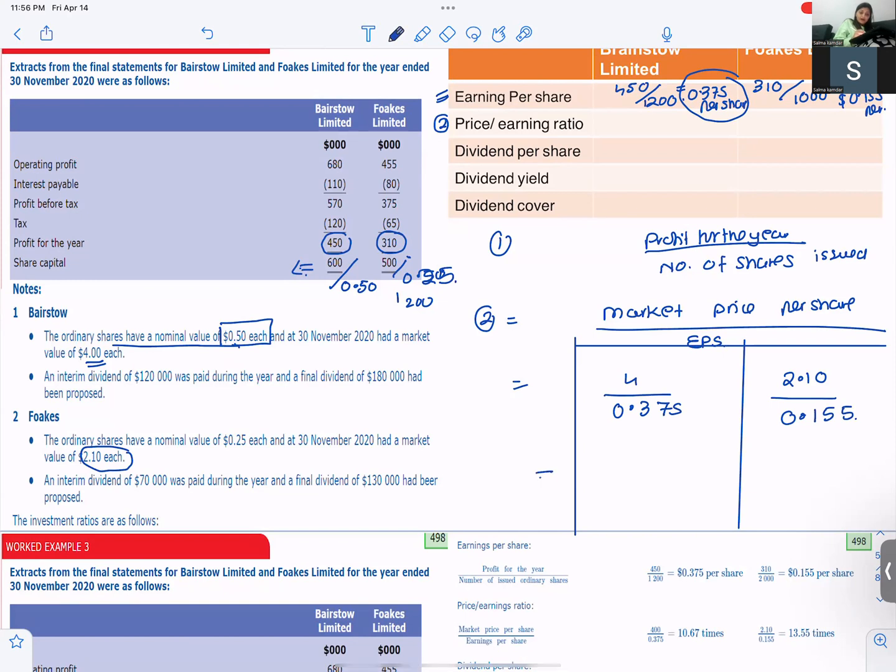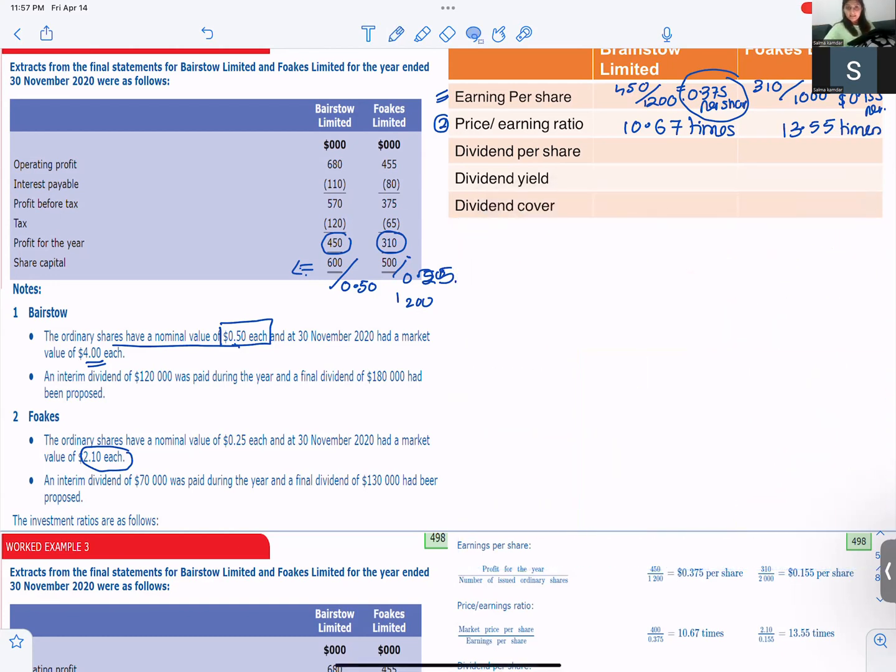So you will get your answer for the price earning ratio as 10.67 times. And for Folks, it will be 13.55 times. So I'll write the answer: 10.67 times and 13.55 times. Are you with me?